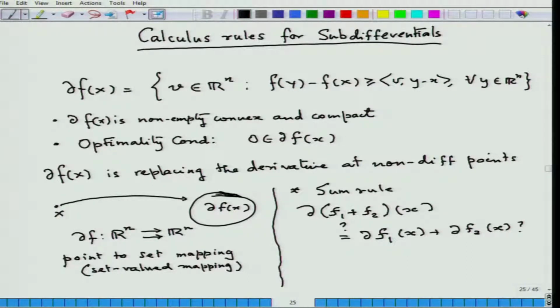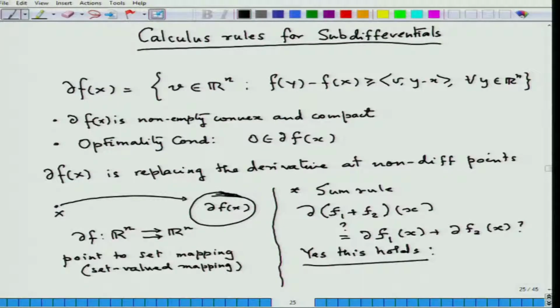The answer amazingly is yes, this holds. But let me tell you that here this is a set and this is a set.